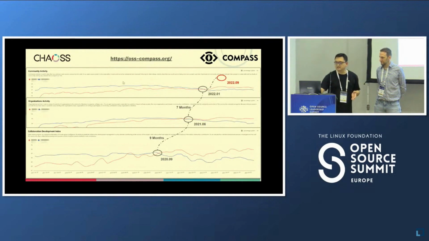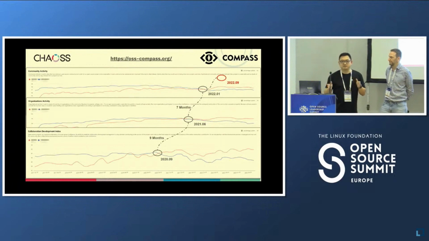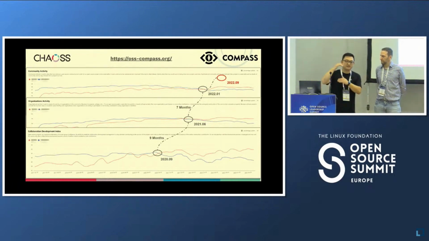You can see that PyTorch exceeded or surpassed TensorFlow at the beginning of last year. And if we push time back 7 months earlier, we use organization activity to describe the ecosystem collaborations among this community.